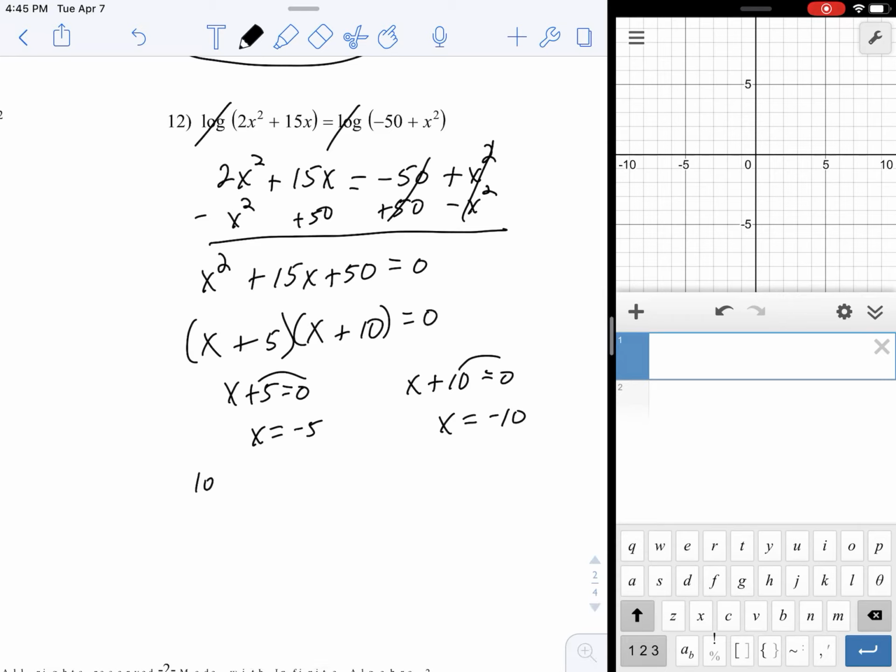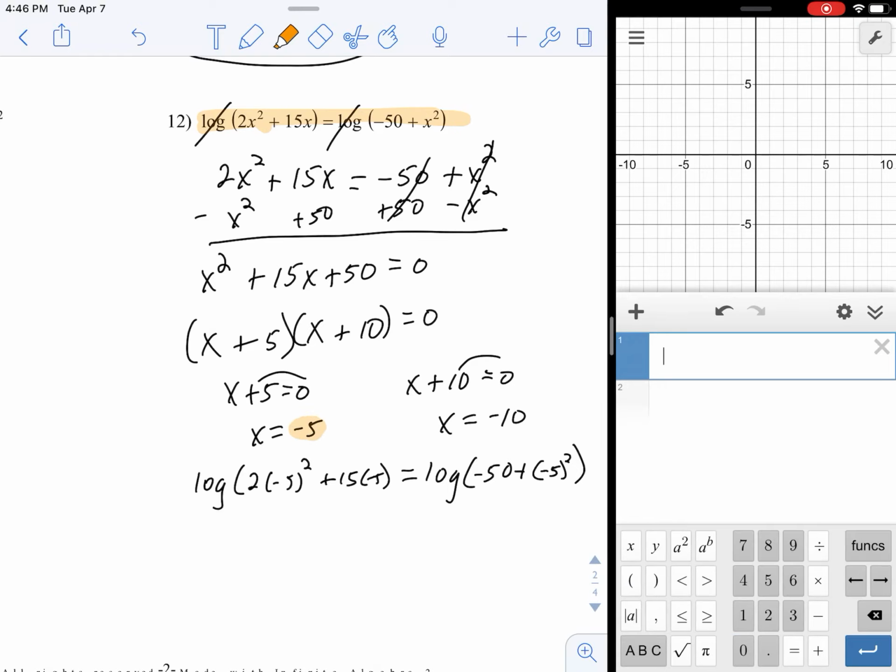Let's check the answer. I'm going to plug in the negative 5. So I just copied this down, but I plugged negative 5 in for the x's. Let me see what happens here.